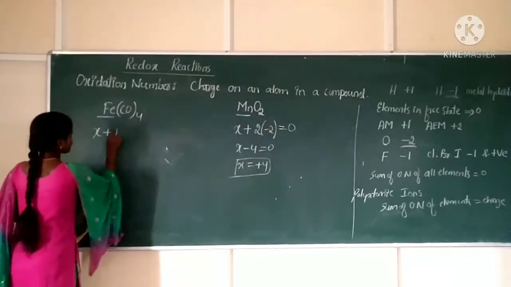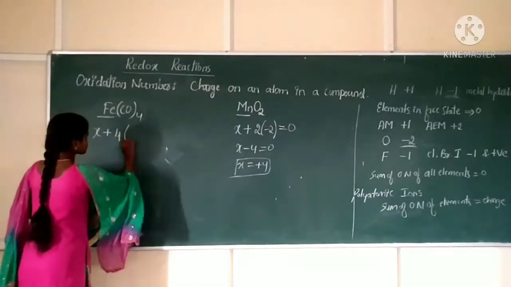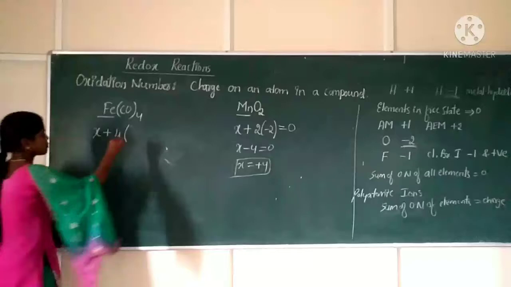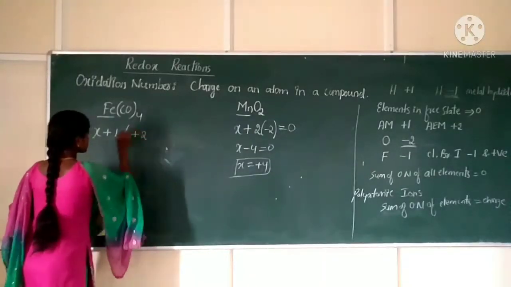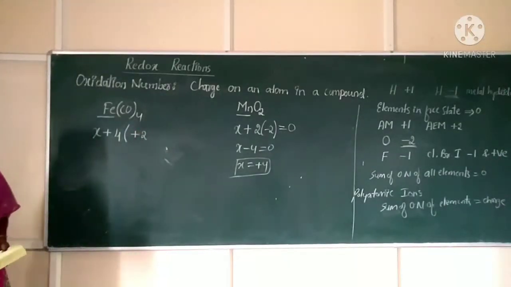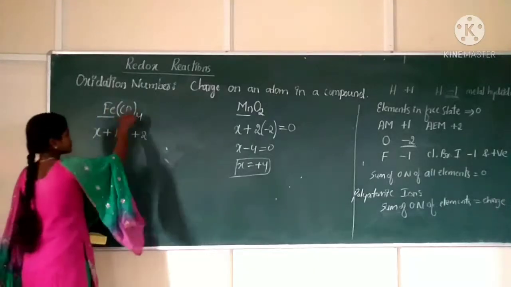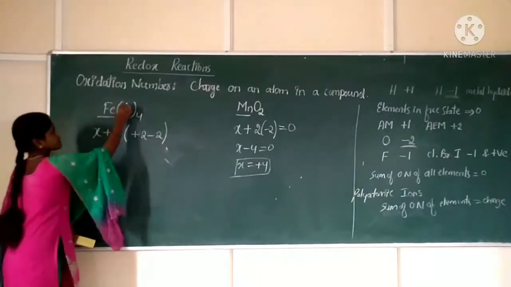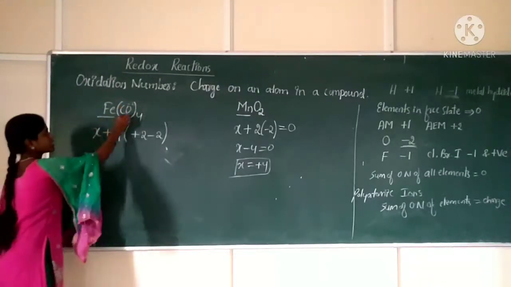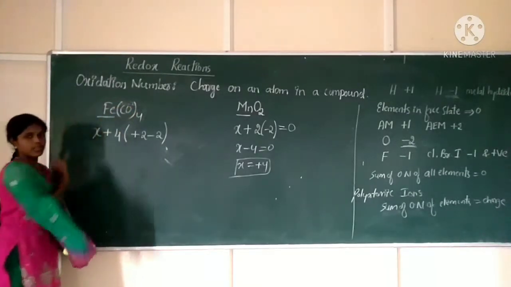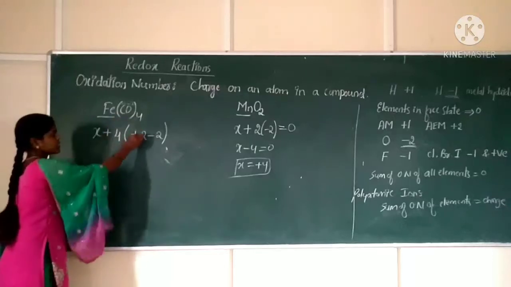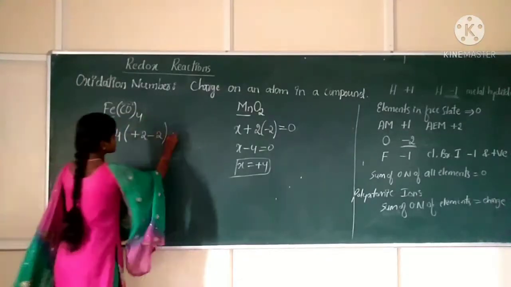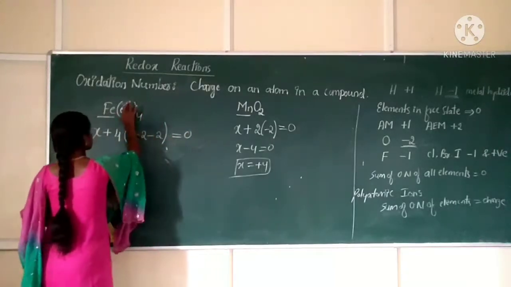So 4 into the oxidation number of carbon. Oxygen oxidation state is -2, so carbon should have +2. Carbon is +2 and oxygen is -2, which sums to 0.